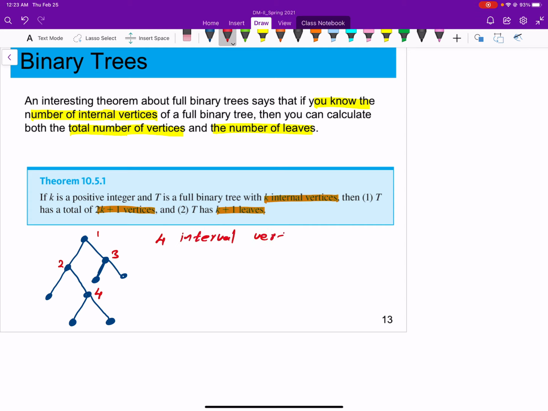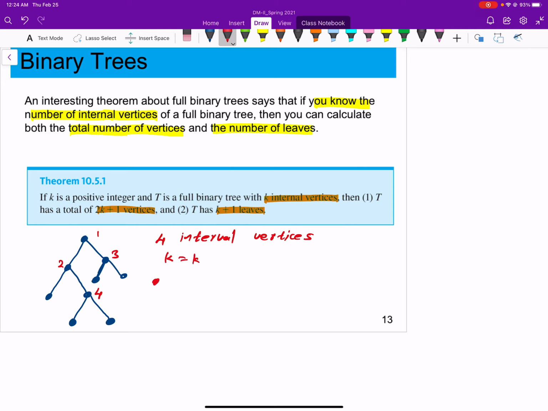Then if you know the number of internal vertices, you can find the total number of vertices and how many leaves are in this tree. That means k equals 4.